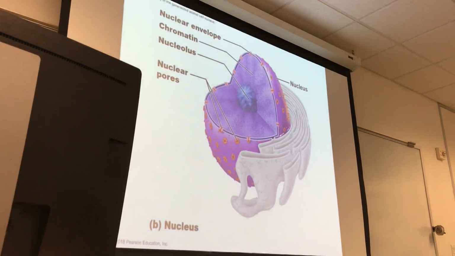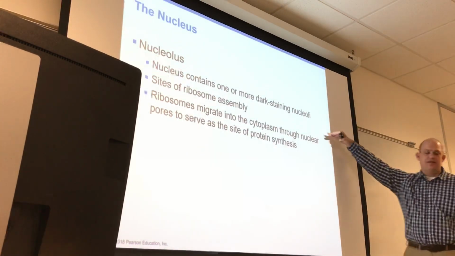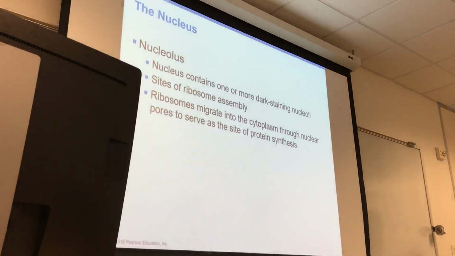The nuclear envelope works for the nucleus very similar to how the cell membrane works for the entire cell itself. It's a barrier, it's a perimeter, it's semi-permeable, things can move across it as needed by the cell. The nucleolus, which is the center of the nucleus, when we look at it on the model, has a very unique color. If you look at it under stain, it's got a darker color.